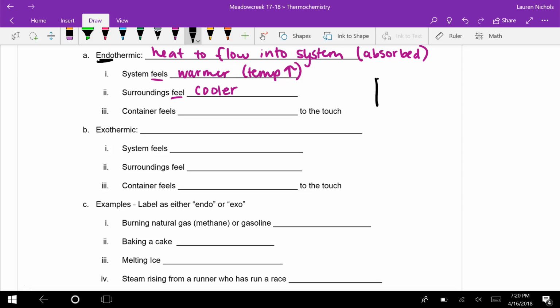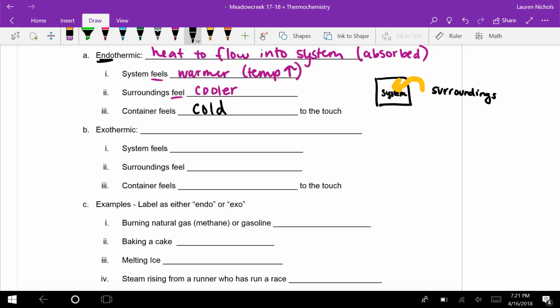So if my system is this box, and everything else is the surroundings, heat is flowing into the system, and that would be endothermic. And so this means a container, which is also part of the surroundings, if our system is what is inside that container, then the container is going to feel cold to the touch.